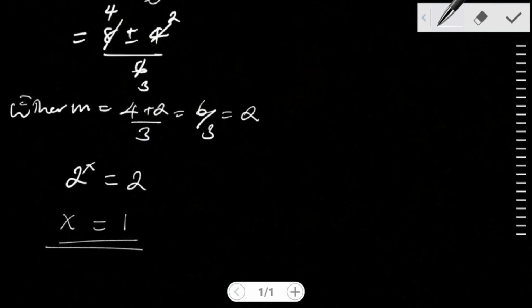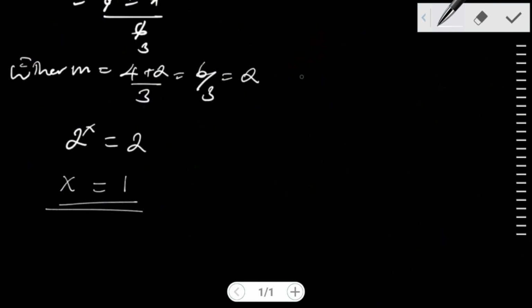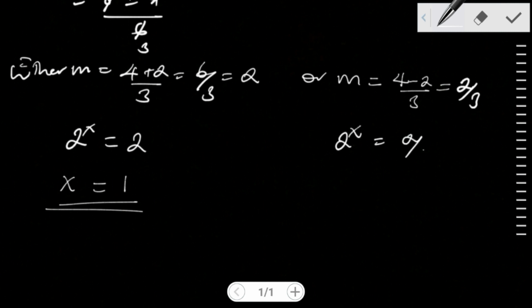So let's get the other value of m. For the other part, m is equal to 4 minus 2 all over 3, and this is the second value of m. Now the next thing is to get the value of x. So 2 to the power x would be equal to 2 all over 3.